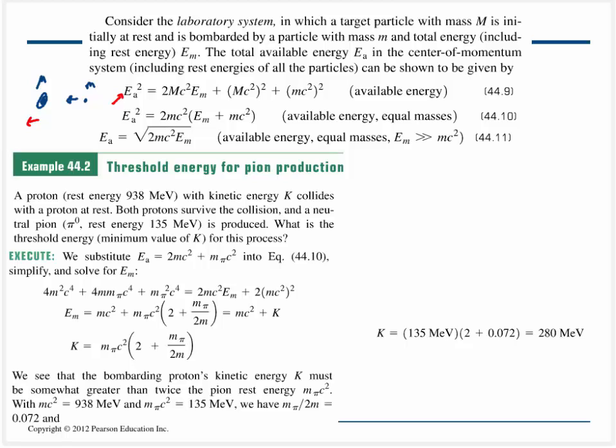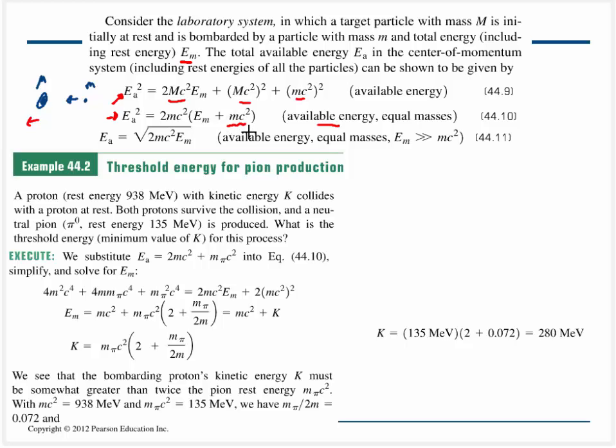So this is going to be the energy available to the system, and that includes the total rest energy of the system. So the rest mass energy is this guy right over here. So we're just adding mc squared, and mc squared. And let's just make it a little bit easier. Let's say that the masses are equal. You can convince yourself that this guy is going to boil down to this.